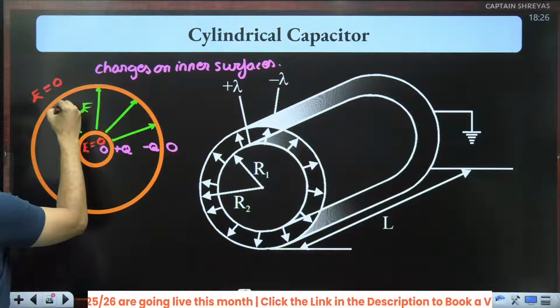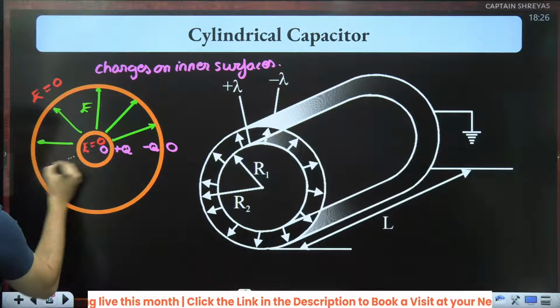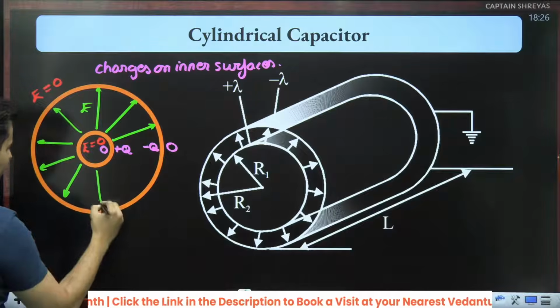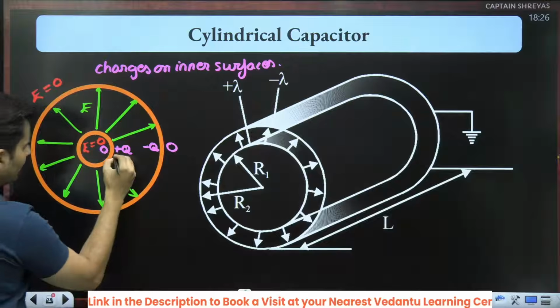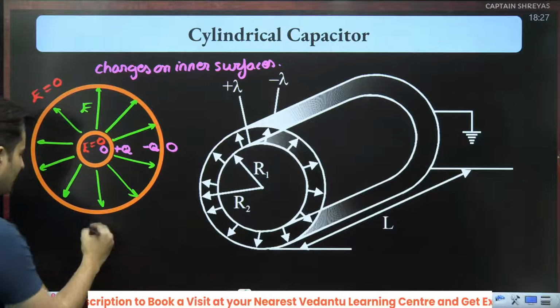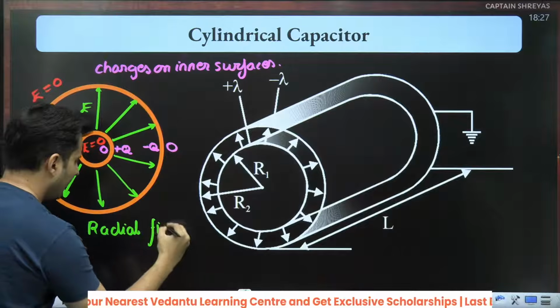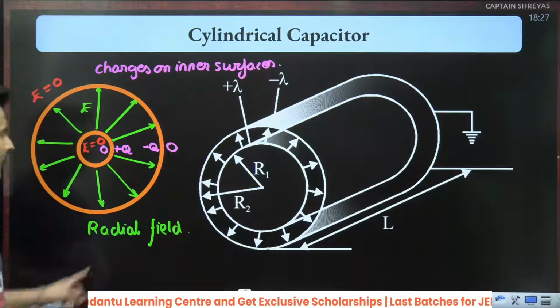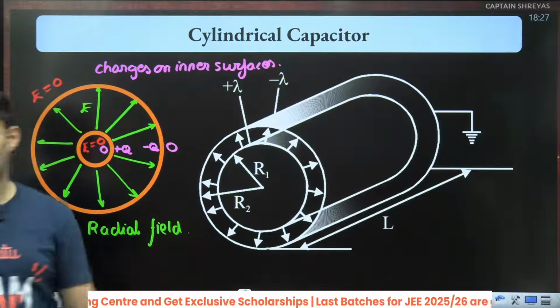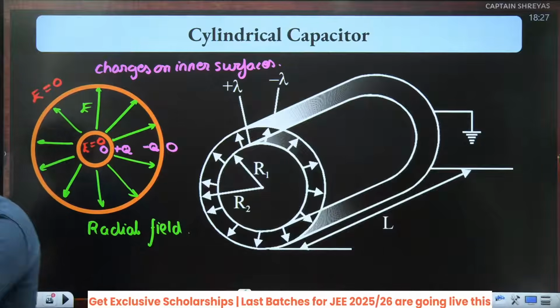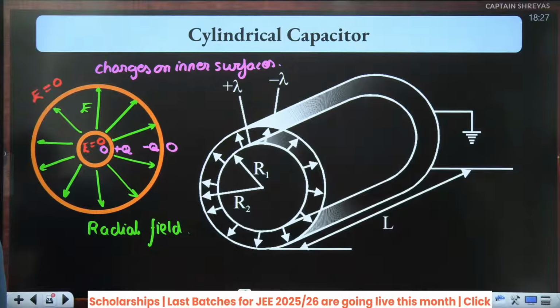So the electric field only exists in that gap which is there in the cylinder. It is a radial electric field. It is not constant like parallel plate capacitor. Okay. I hope this is clear.